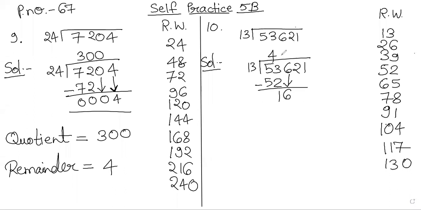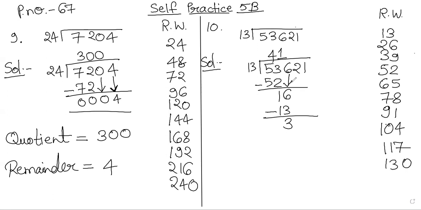Now 16 is divisible in 1 time. 13 ones are 13. Subtract both the numbers. 16 minus 13. What will be left? Yes, 3 will be left. Now compare the divisor and this number. 3 is smaller than the divisor.